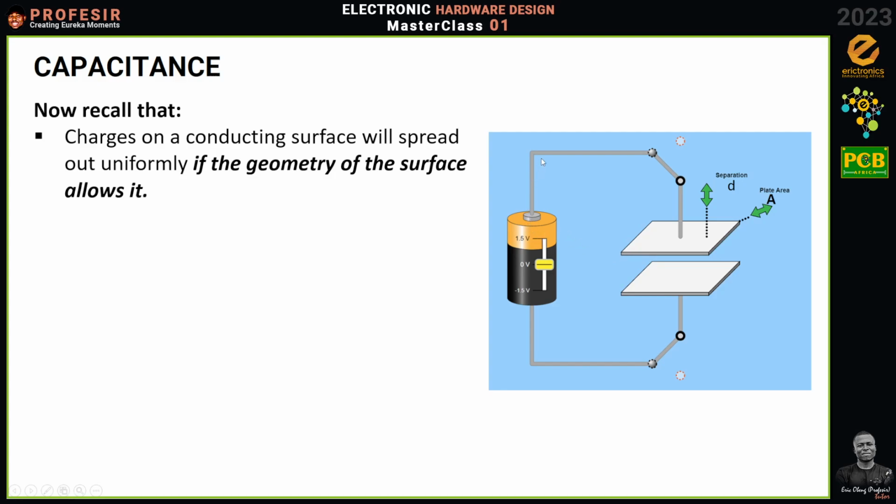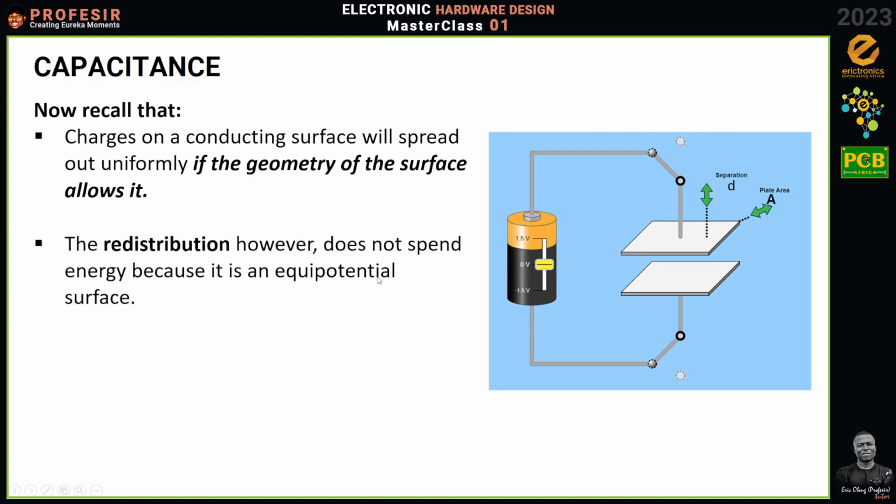And since we have the anode here, we're going to have the positive charges spreading over here. Now, take note that by saying positive charges, we've already established the fact that these positive charges are actually ion cores, right?